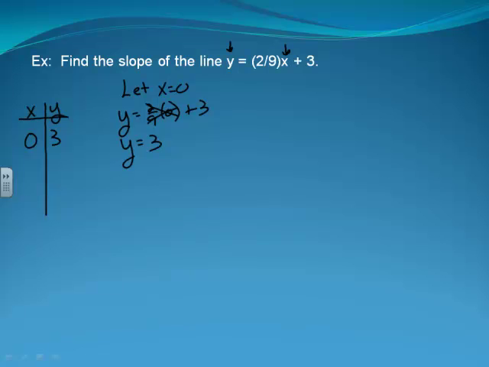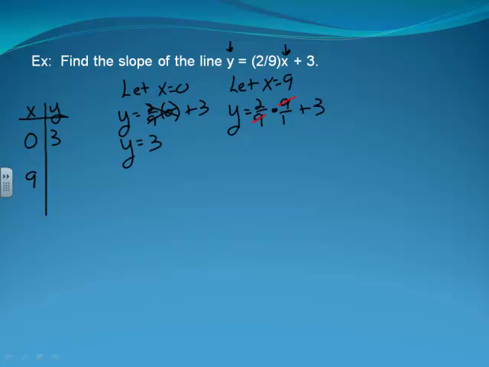So I'm going to choose to pick another x value. And I'm going to choose to let x be 9 in this example, because I can see from that fraction, if I take 2/9 and multiply that by 9, which is the same as 9 over 1, that my 9s are going to cancel. Cross-cancel across multiplication.